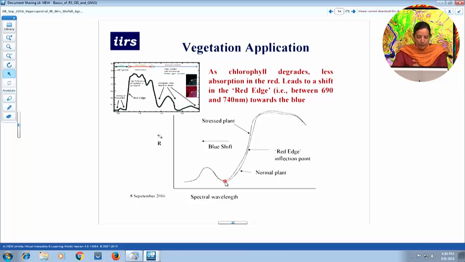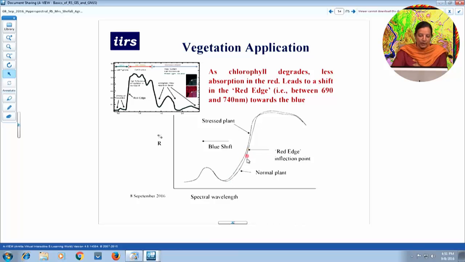This is a position which falls around 670 to 740 nanometers, this red edge location. Depending on this position, you can identify whether the vegetation is stressed or healthy.